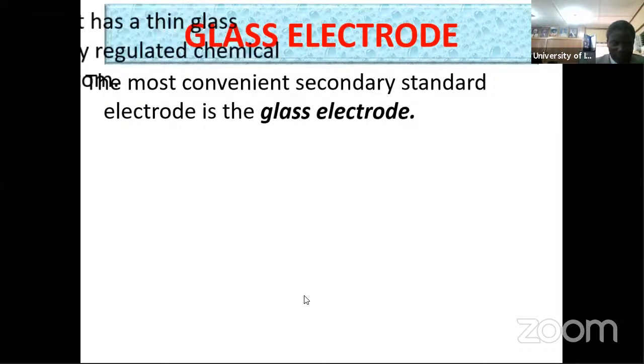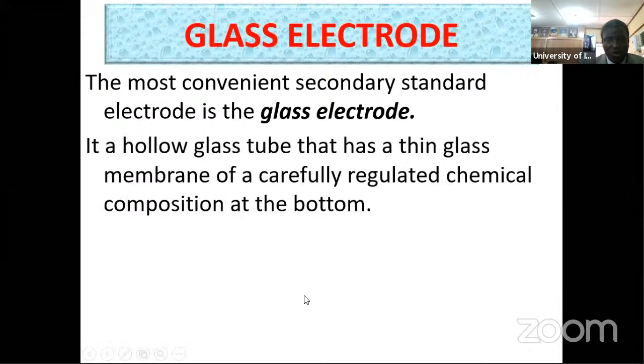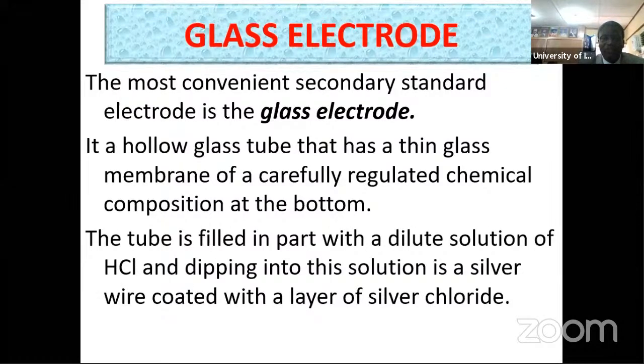If you have seen one, I'll show you a picture of one, it has a hollow glass tube. And inside that hollow glass tube, you have a tiny glass membrane that is round about it. The composition of what you have inside compared to what you have at the bottom has to be carefully regulated. The tube is filled in part with a solution of hydrogen chloride, into which dips a silver wire that is coated with silver chloride.